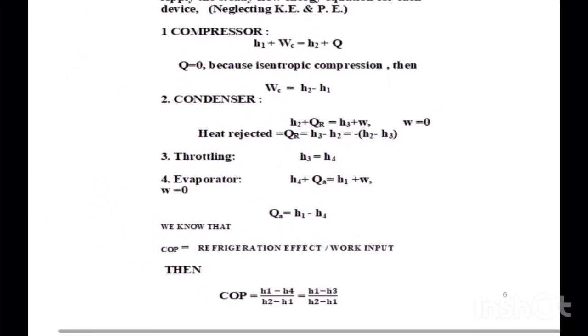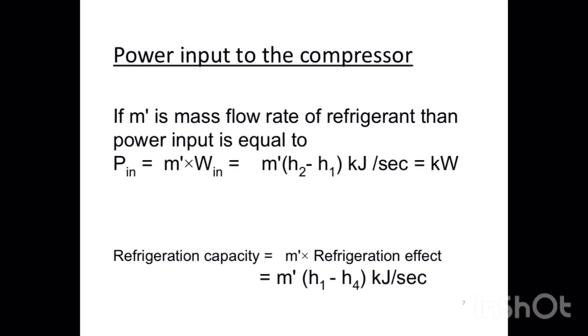Then we need to find out the power input to the compressor. If we are a design engineer of the refrigeration system, we should know how much power the system will consume with respect to the cooling effect.